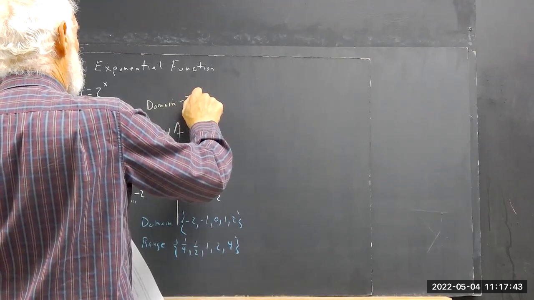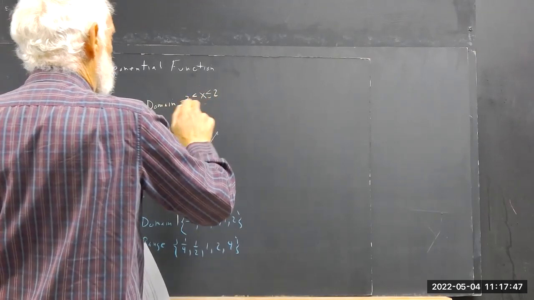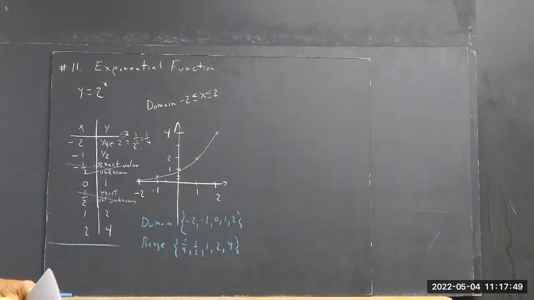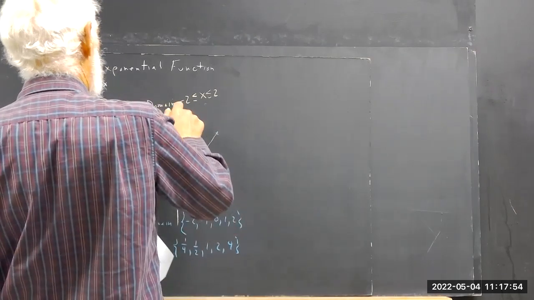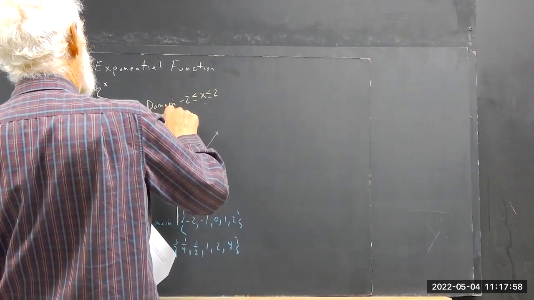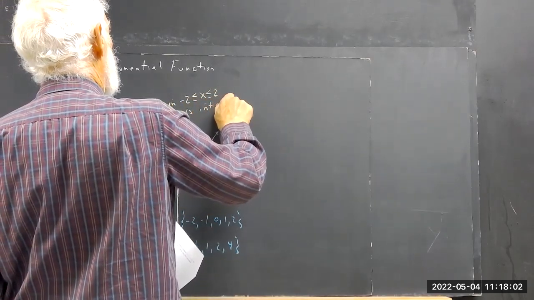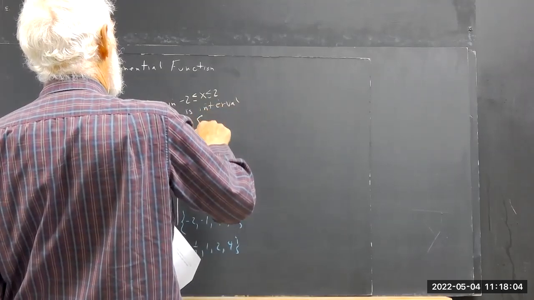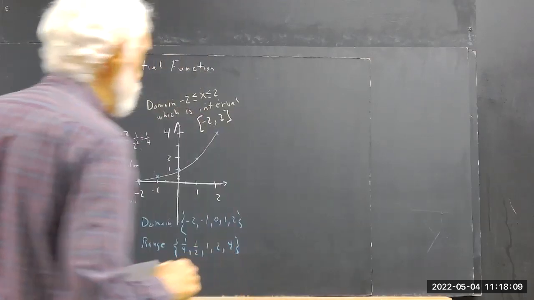I'm going to write it this way. It's all x's between -2 and 2, including -2 and 2, which is the interval [-2, 2].